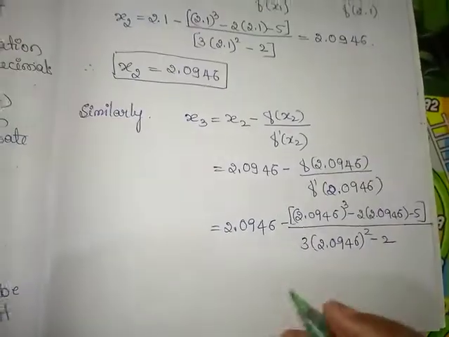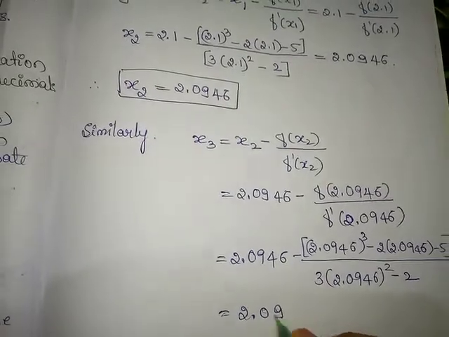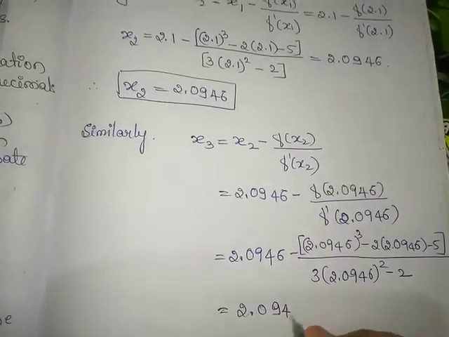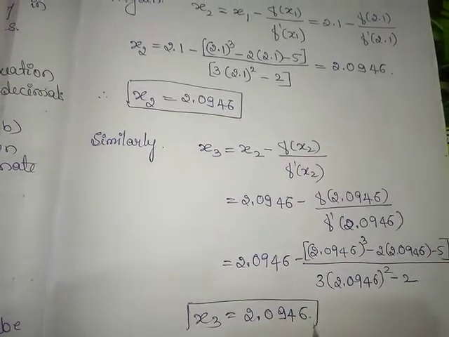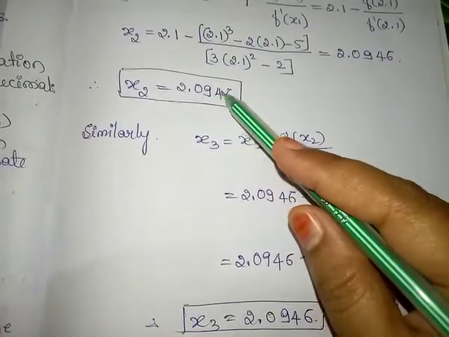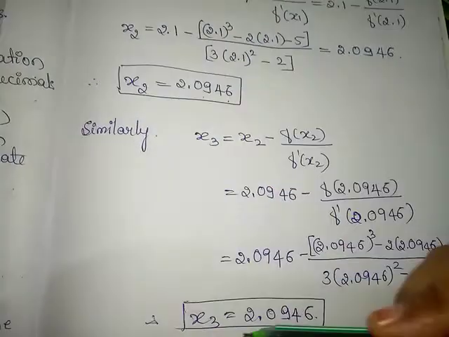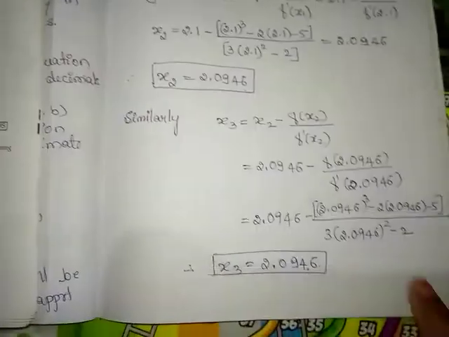On calculation, we get 2.0946 again. This is x3. See, up to 3 decimal places, 2.094, 2.094. Both x2 and x3 are the same.